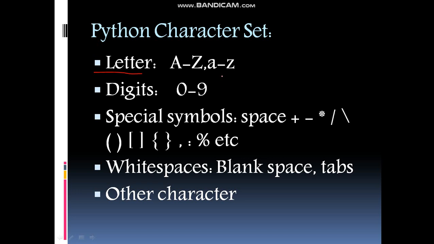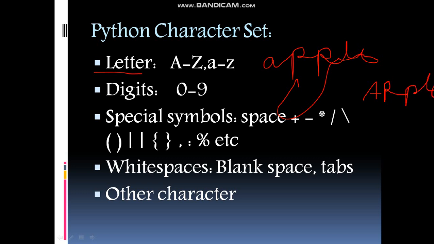Case sensitive means it recognizes the capital and the small letter differently. If we write the word apple with small letters, and again write it with a capital A and PPLE, then Python will take these two as different.